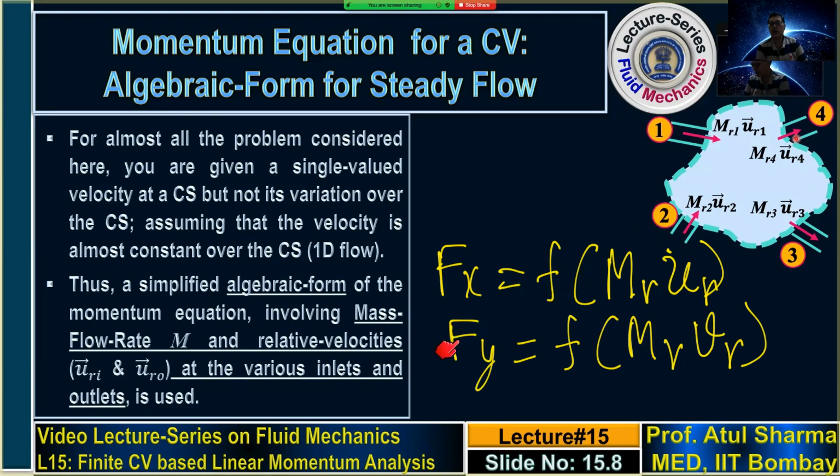For Fy, the force acting in the y direction on this control volume, this involves mass flow rate into v velocity, which is the y momentum flow rate. So Fy is expressed as the net y momentum flow rate leaving the control volume, where we take the y momentum flow rate at 3 and 4 minus 1 and 2.